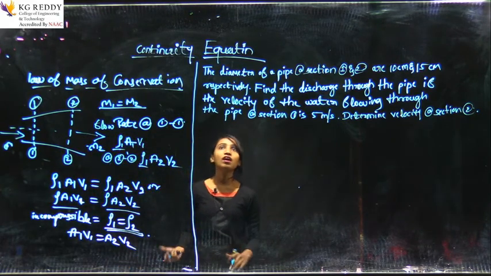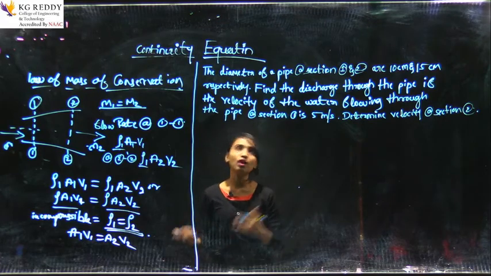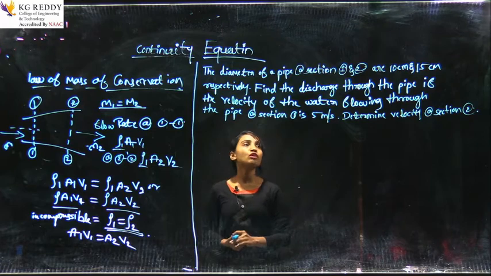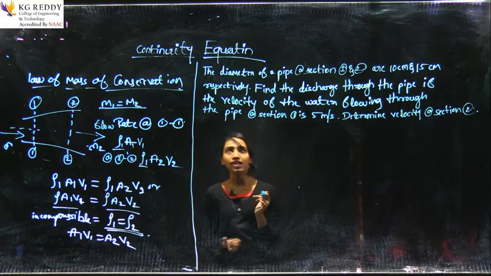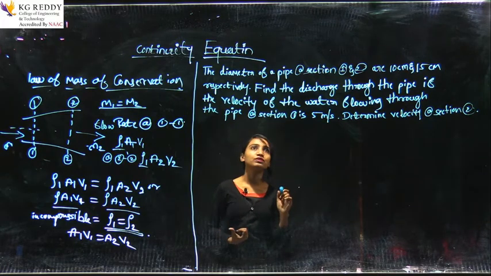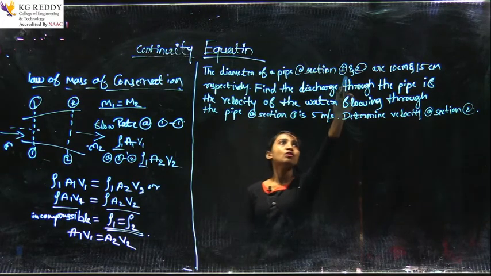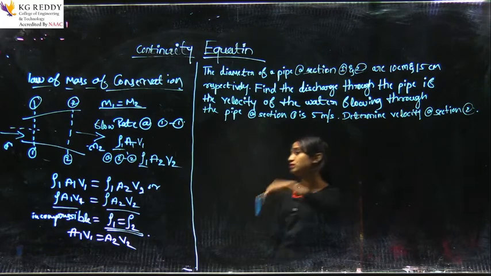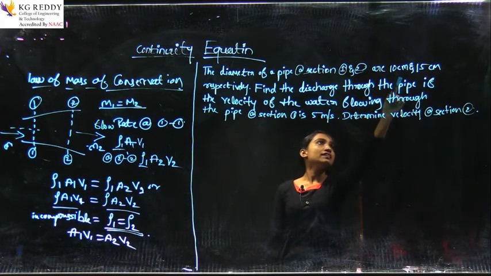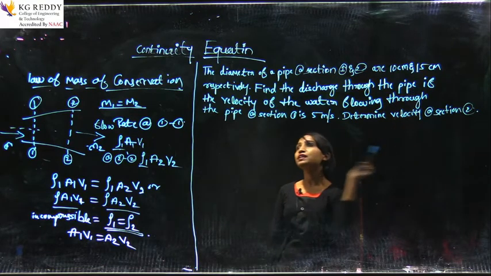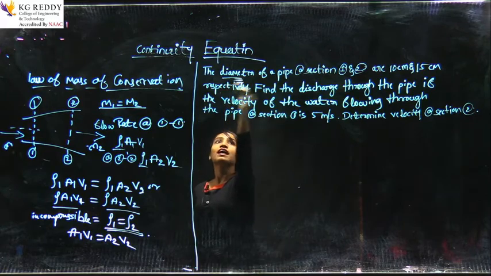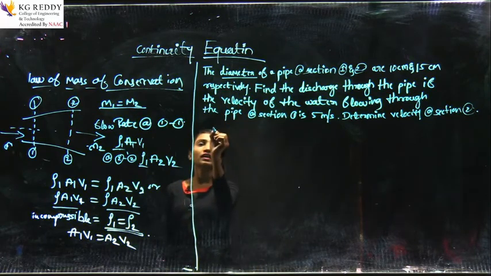So it ends here. We'll solve an example over this. This is a very easy example. Let's read it. The diameters of the pipe at sections 1 and 2 are 10 centimeter and 15 centimeter respectively. What they mentioned here is diameter, so take the diameter.